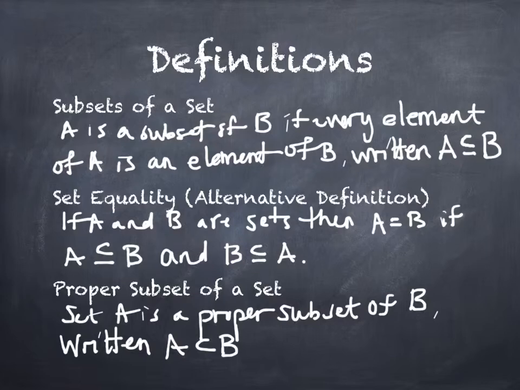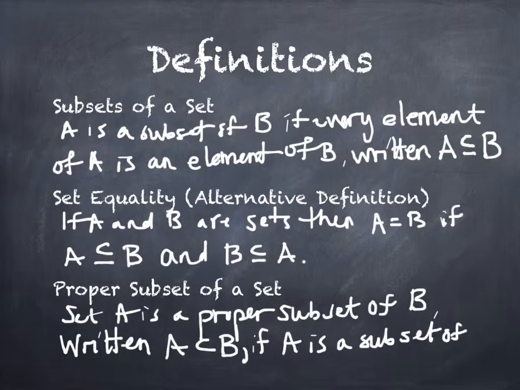In other words, here's why. It is a proper subset if A is a subset of B and A is not equal to B. And that's kind of why you see that bottom line underneath the C-shaped symbol removed: it can't be equal to.